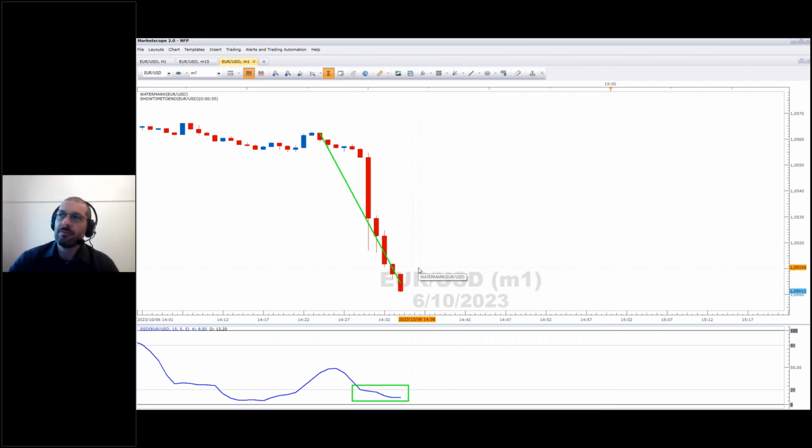At the moment, it's all been euro selling, dollar buying. A little bit of support coming in now, and we've got 17 seconds. We'll get the next candlestick.